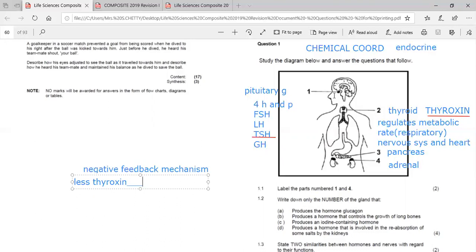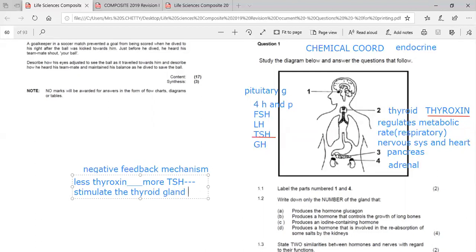It's there in your theory. And the pituitary now will respond by releasing more TSH into the blood. And this TSH will now travel by the blood to reach the thyroid gland. And when it comes to the thyroid gland, what will it do? It will stimulate, isn't that so? It will stimulate the thyroid gland.